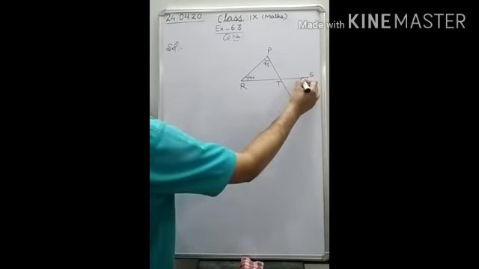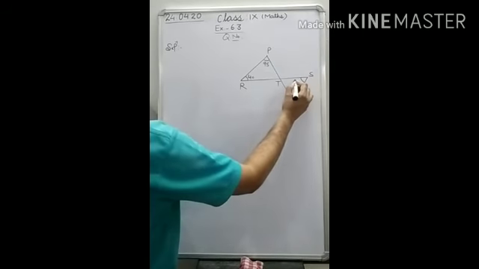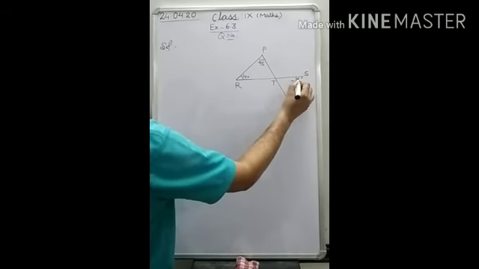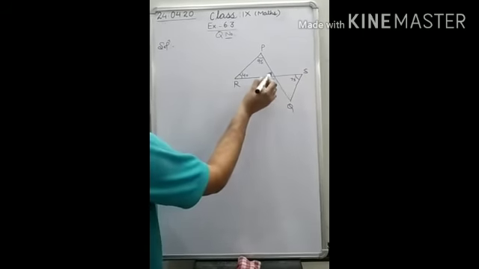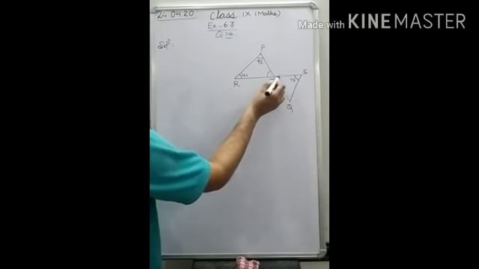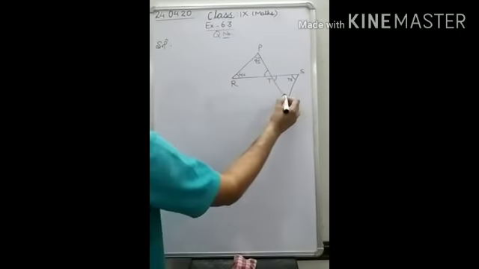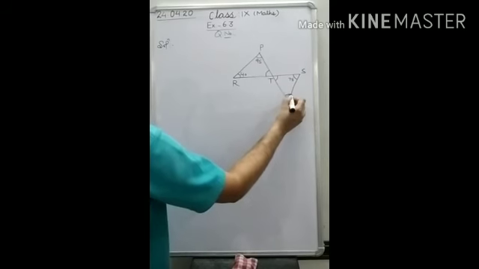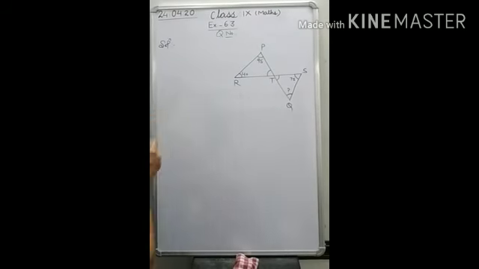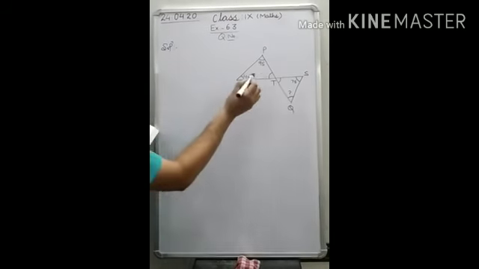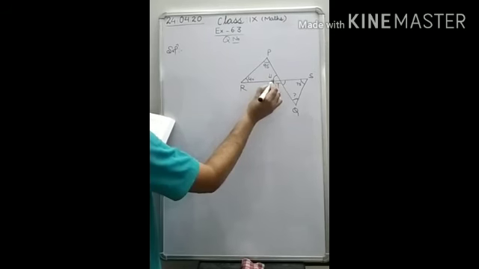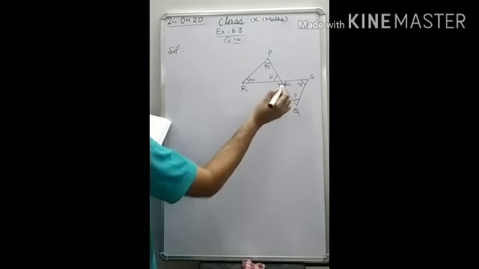Here this angle is 75 degrees. And what we have to find out? We have to find the measure of angle SQT. Means ultimately this angle we have to find out. So for that, suppose that this is angle 1 and this is angle 2.